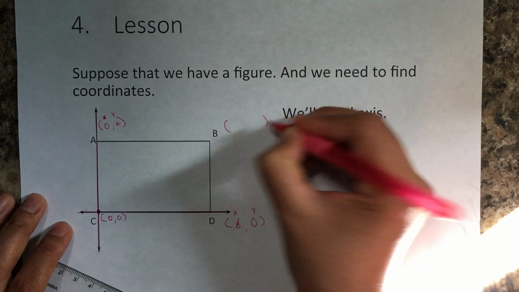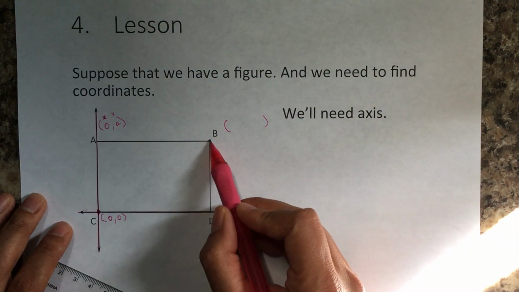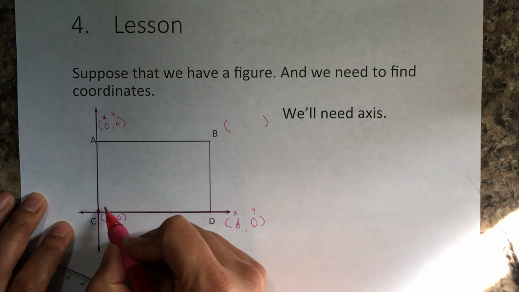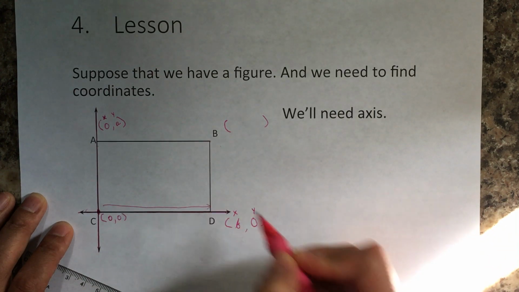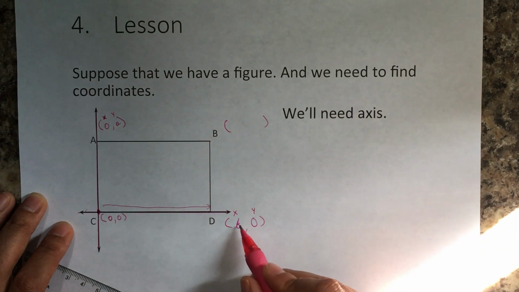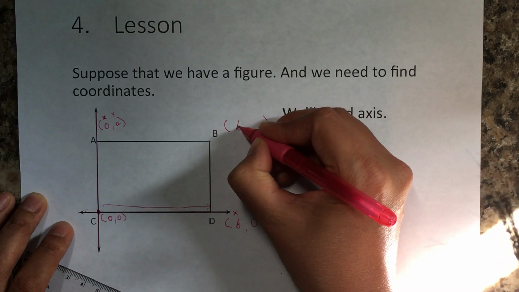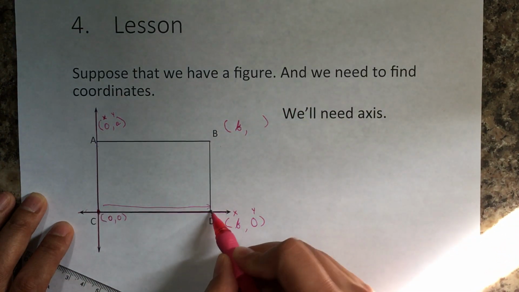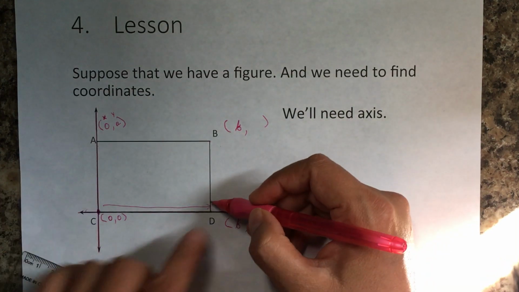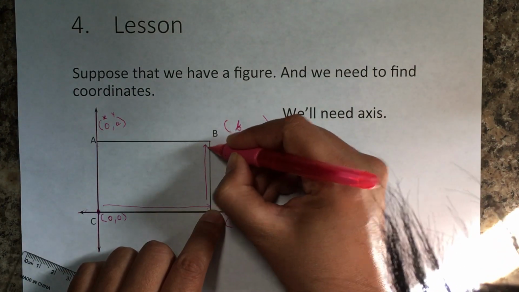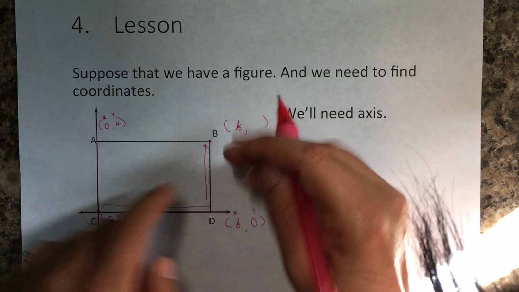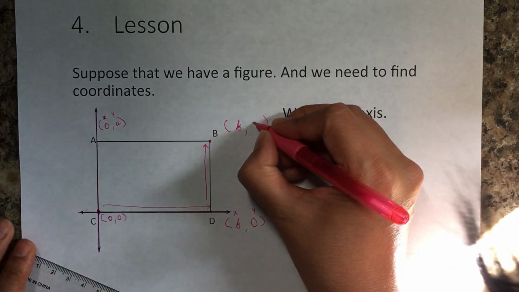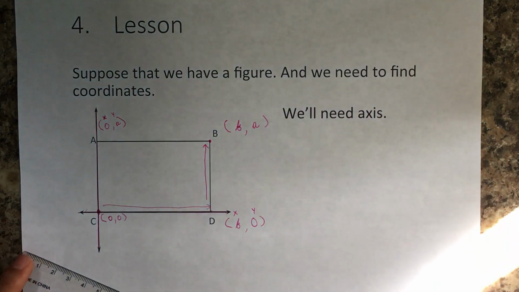Finally, to get to this point, remember that we had to go X first and then Y. So what's the distance from here to here? Well, that's letter B. We don't know what the distance is, but I know that from here to here is represented by B. And then we go up on Y to get to this point. Again, it's the same distance that we used here, so that's A. Okay?